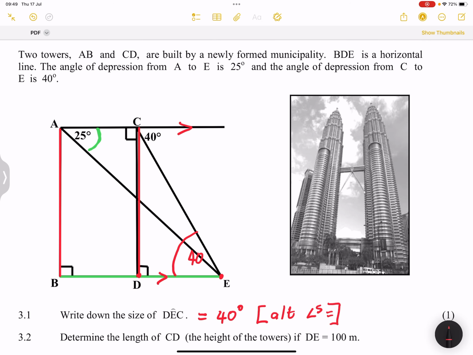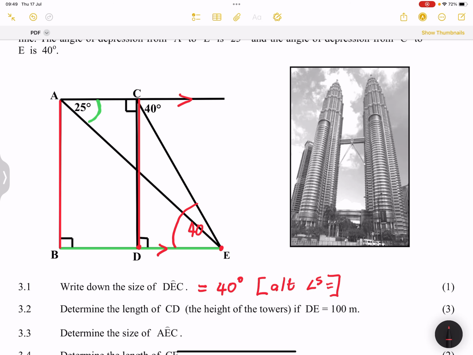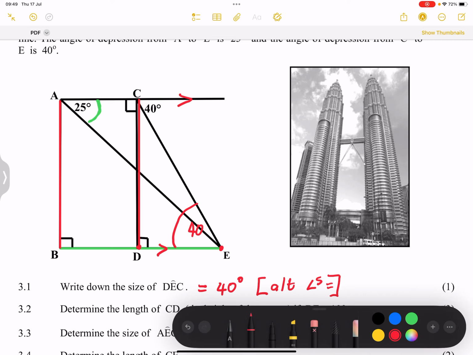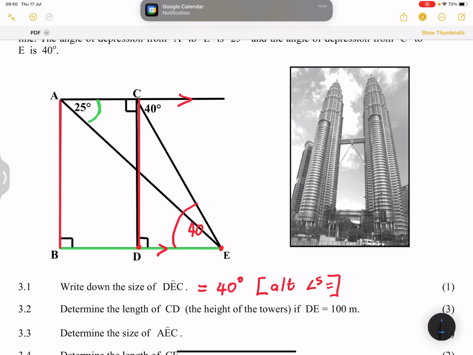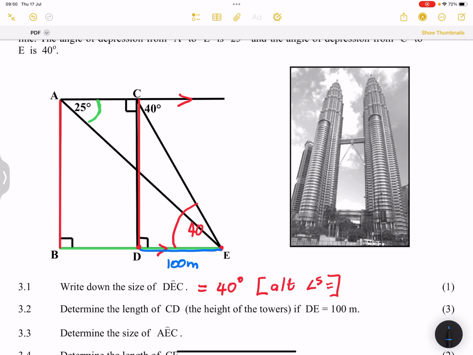All right, now the next question, they say, determine the length of CD, the height of the towers, if DE is 100 meters. So they're giving us the length of DE, which is 100 meters. It's this guy over there, right?